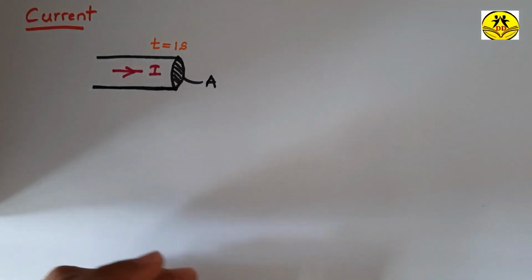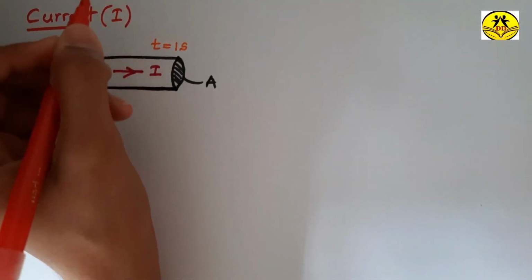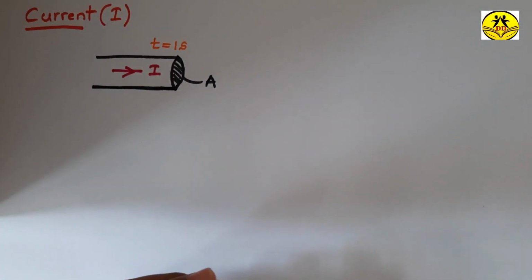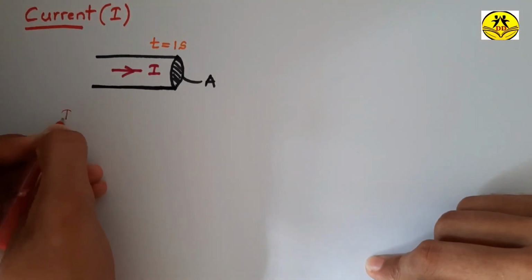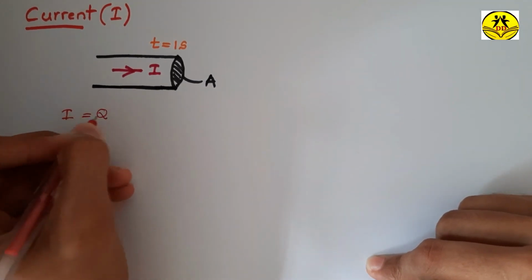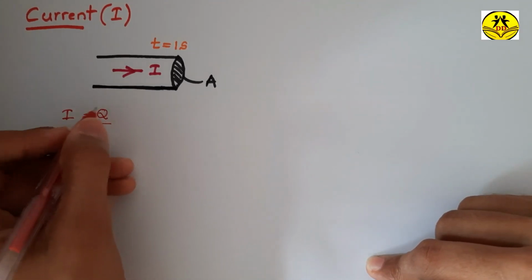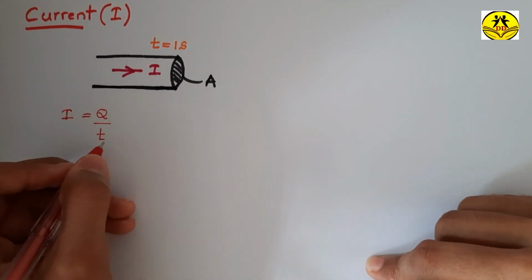So the sign we use to denote current is I. So we can write it as I equals Q divided by T. Q means the amount of charges, T means time.